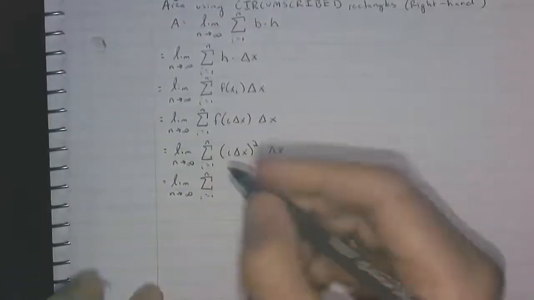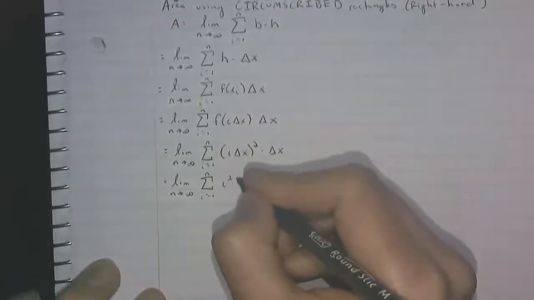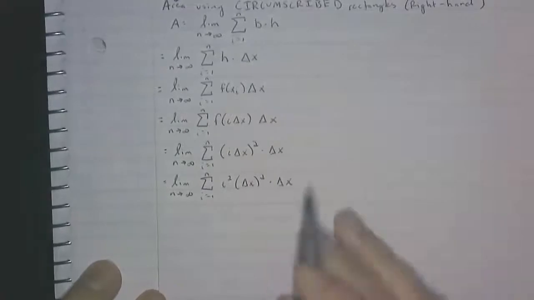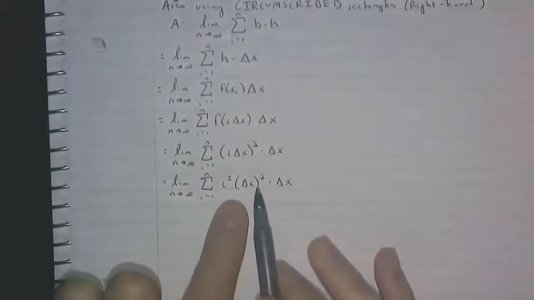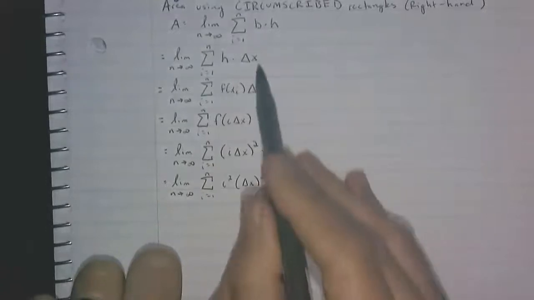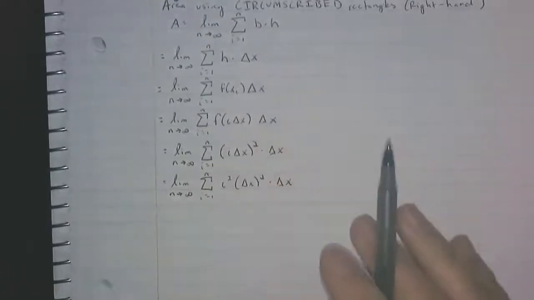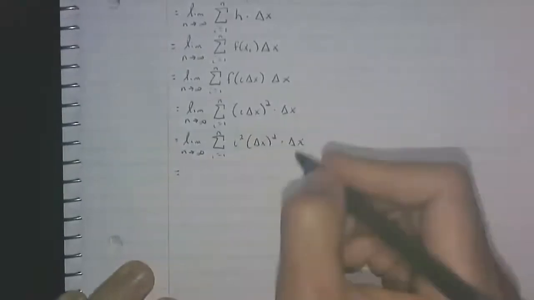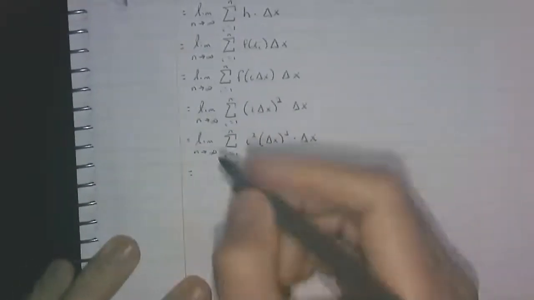This thing squared is i squared times delta x squared times delta x. So this is the result of squaring this quantity. This is just still hanging around from being the base of our rectangles. And so now that gets absorbed into a delta x cubed.